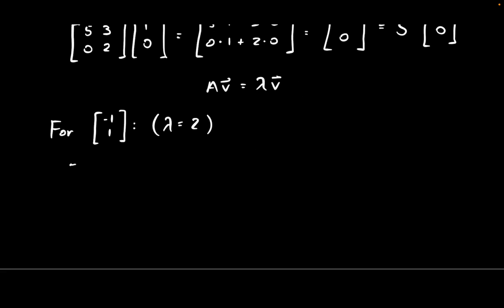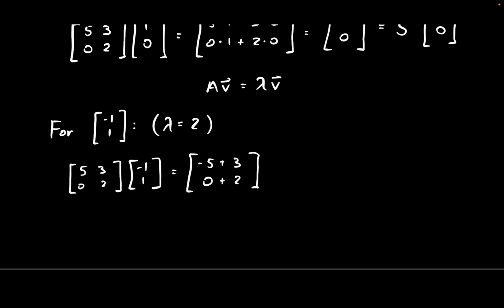Now if we do 5, 3, 0, 2 again, except this time with negative 1, 1, then we would get negative 5 plus 3, and 0 plus 2, or negative 2, 2. In this case we can pull out the 2, and we get negative 1, 1 back. That's how we know that we have the right eigenvalue and eigenvector.